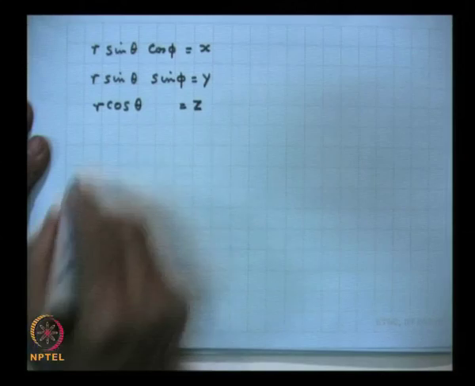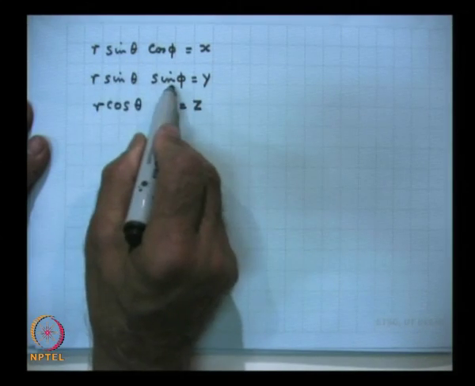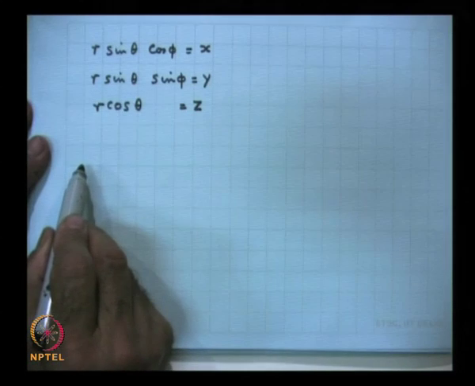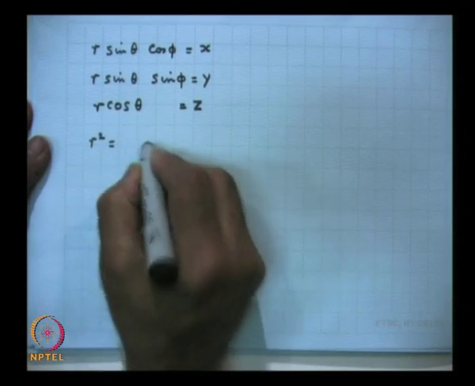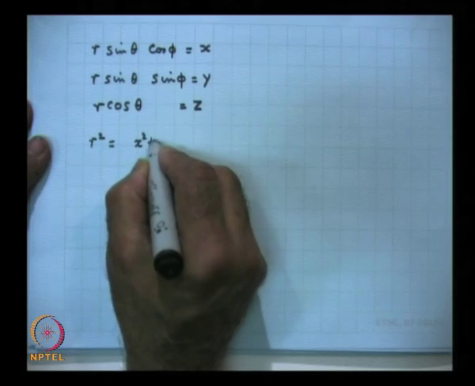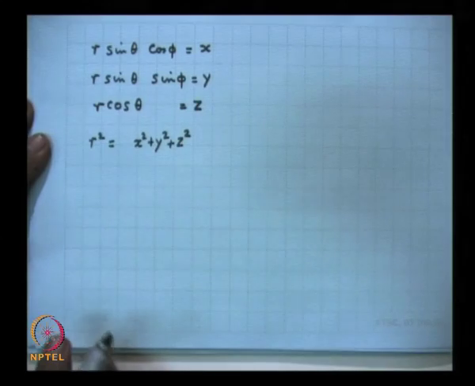If you square and add, it becomes sin square theta cos square phi plus sin square theta sin square phi, and if you add them, it becomes sin square theta plus cos square theta. So, r square is equal to x square plus y square plus z square.